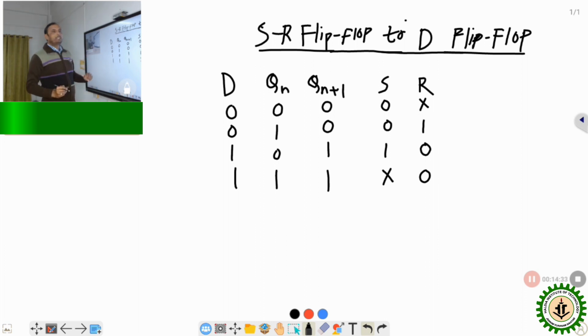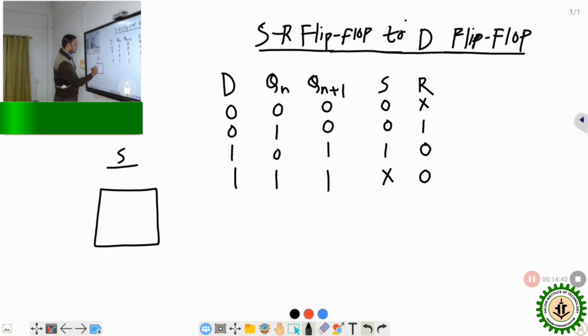Now simplify S and R value. S. We have to take the input and the present output for simplifying the excitation input. 0 1 0 1.